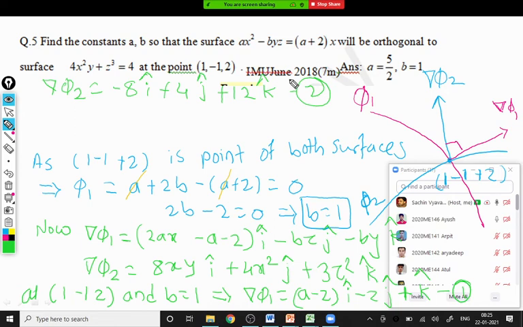Now we have this equation 1 and 2, which are the normal vectors to both the surfaces at that point, as they are orthogonal now.